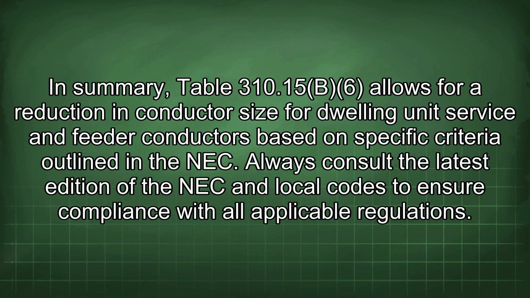In summary, Table 310.15(B)(6) allows for a reduction in conductor size for dwelling unit service and feeder conductors based on specific criteria outlined in the NEC. Always consult the latest edition of the NEC and local codes to ensure compliance with all applicable regulations.